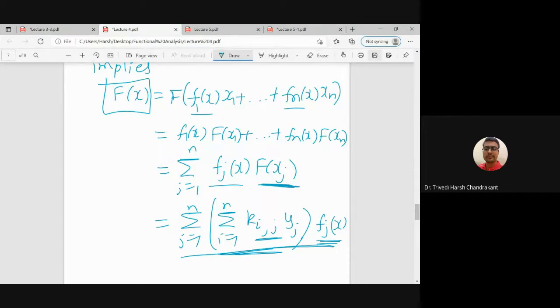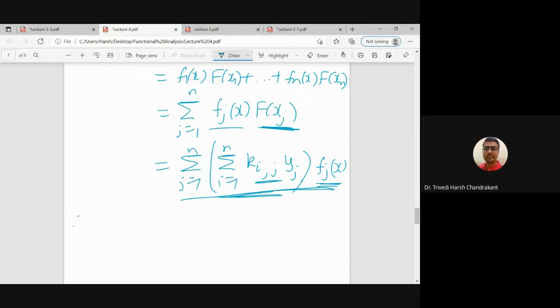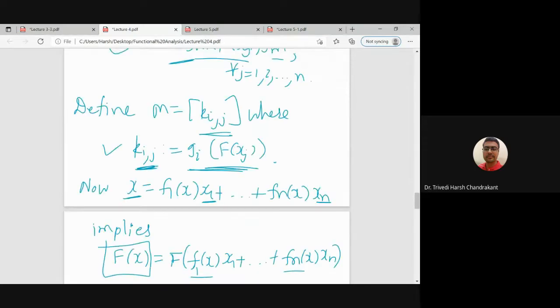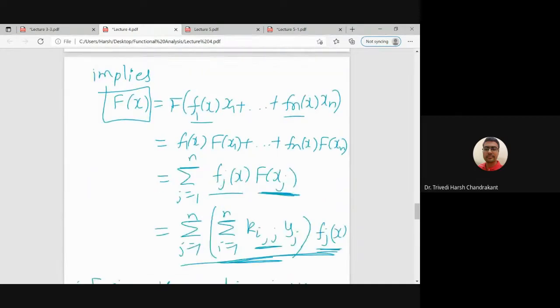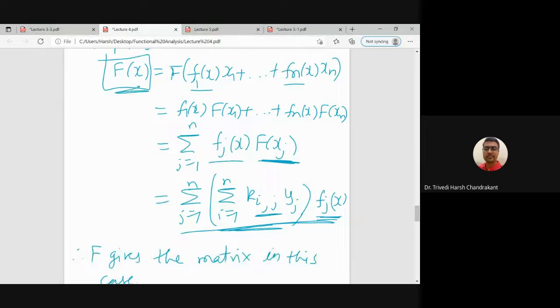Right? So that means every linear transformation, if we are given a linear transformation, we get a matrix, and that linear transformation is related to the matrix in this way.